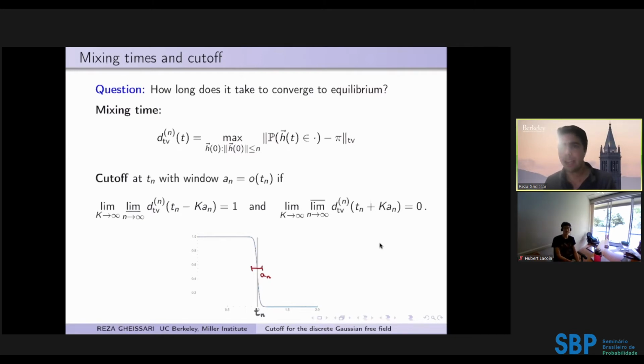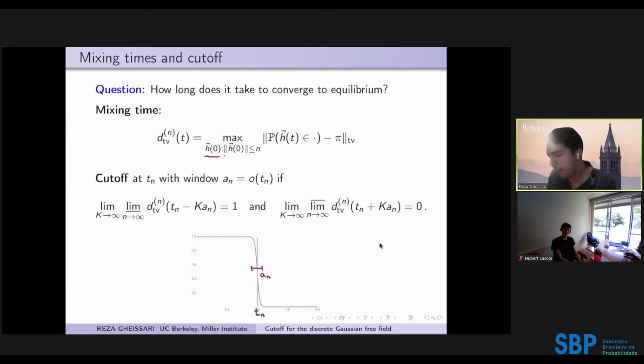Take the Glauber dynamics for the discrete Gaussian free field, start it far from equilibrium in some sense, and look at its behavior as it converges to equilibrium and how long it takes to converge. This question of how long it takes can be quantified in what's known as a mixing time. And that's asking maximizing over initial conditions.